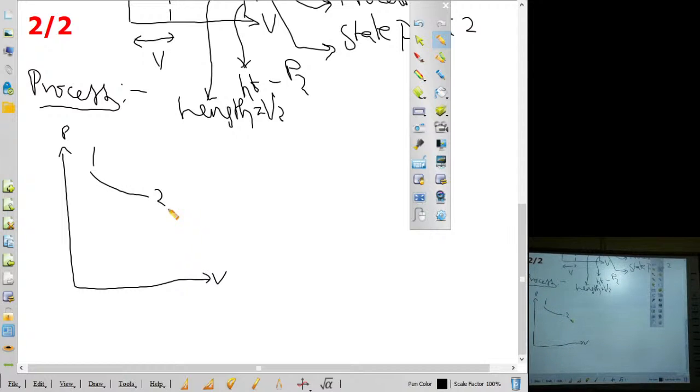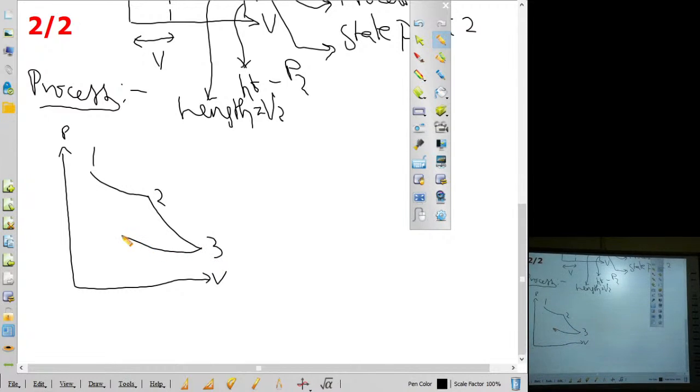So another change means one more time pressure will change, volume will change. So 1 to 2 is one process, 2 to 3 is another process. Like that, when the piston is moving up, then for the first part of the motion one type of process, then something else happens. First heat is supplied, now heat is coming out. Like that, different types of operations are possible.